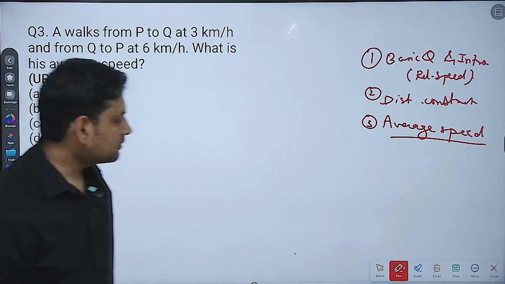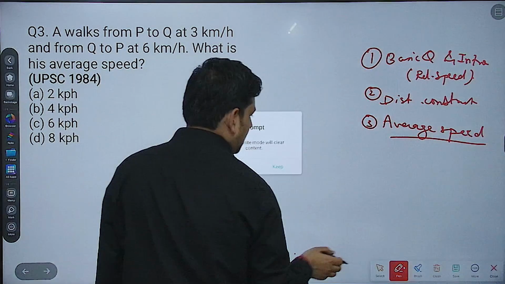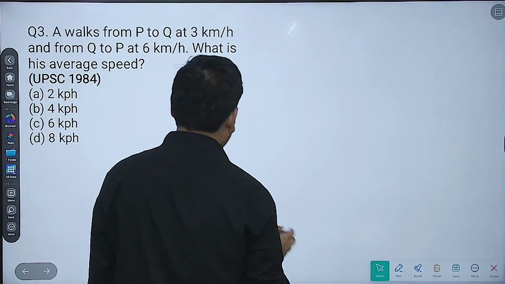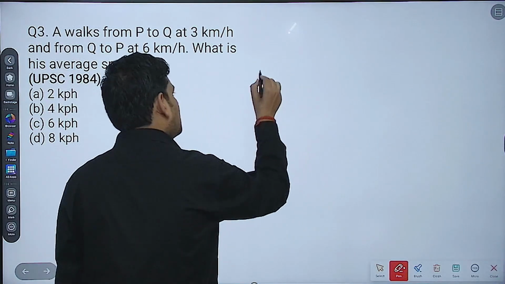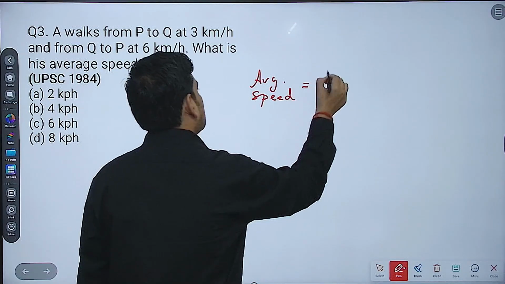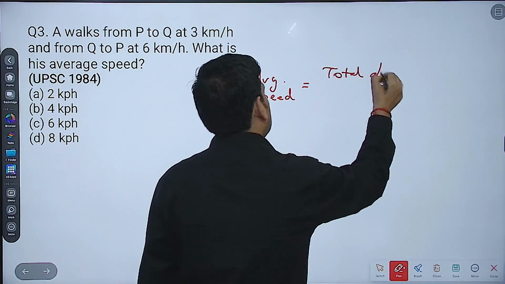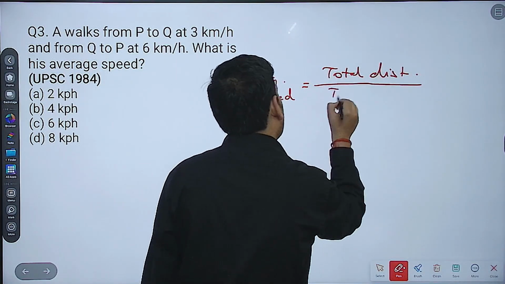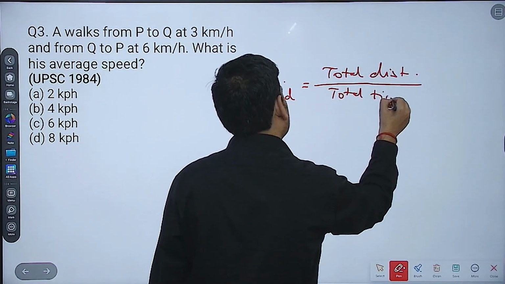Okay, now first thing, how do you find the average speed? Very simply, average speed is equal to total distance upon total time.